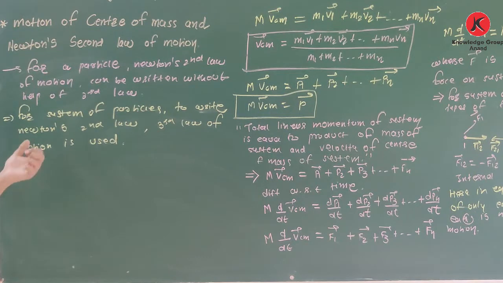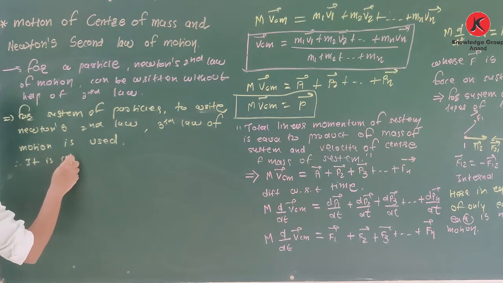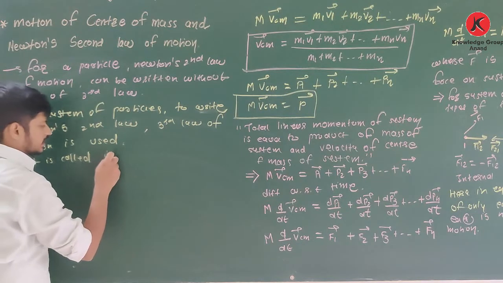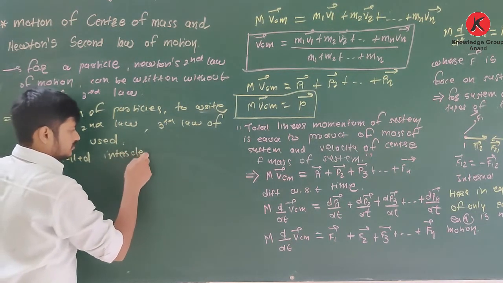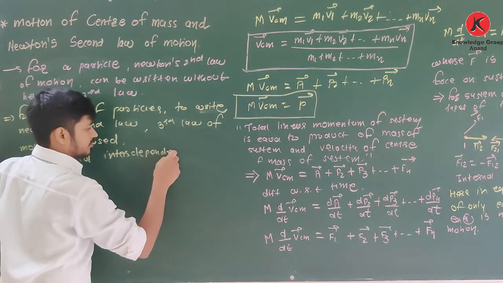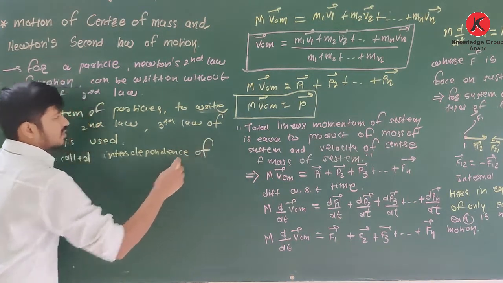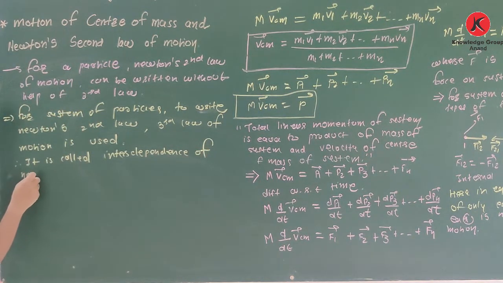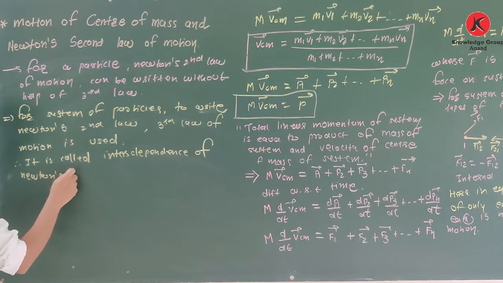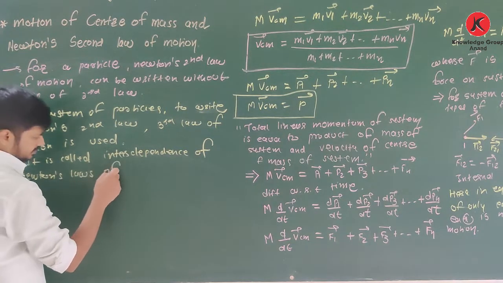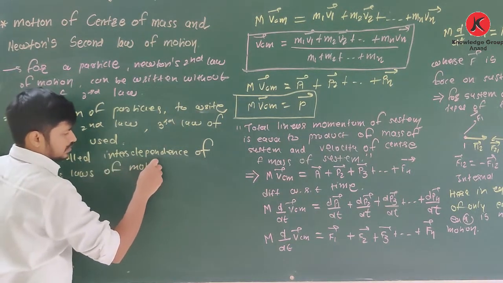It means to derive one law, another law is used, and therefore it is called interdependence of Newton's laws of motion.